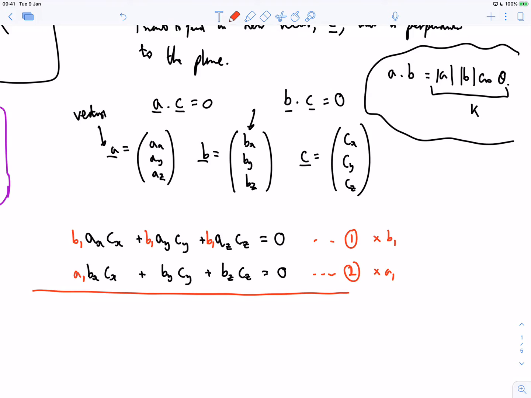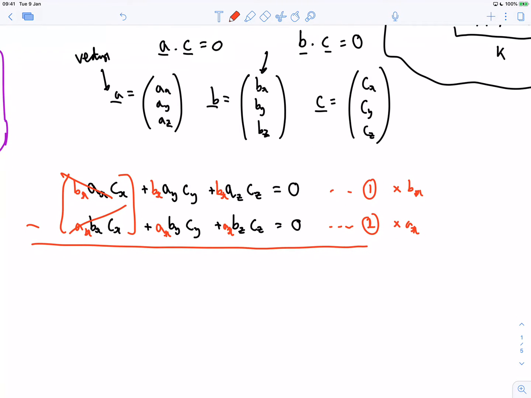This becomes AX this, AX this, and AX this. And these two terms, when I subtract them, are just going to cancel. Okay, well, those two terms cancel.